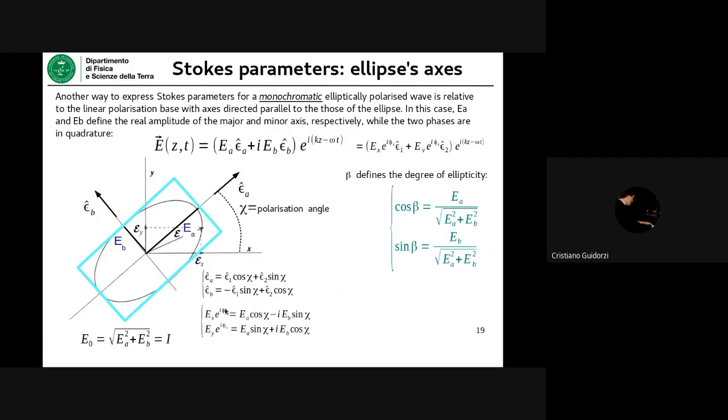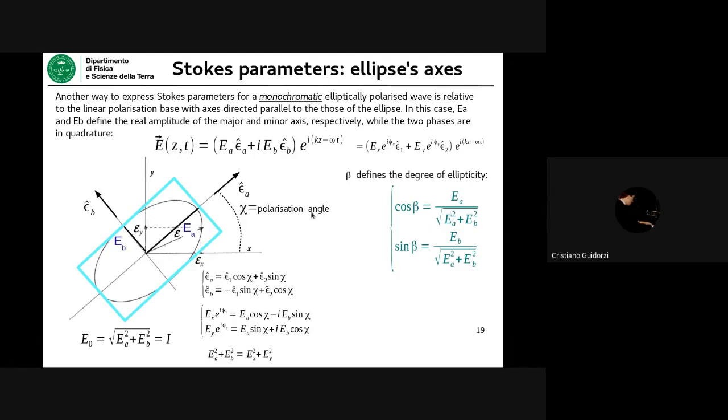If you remember the definition of I is Ex squared plus Ey squared, the modulus squared of this quantity, which is in general imaginary, plus the modulus of this one, you end up with EA squared plus EB squared. So indeed, I proved that the intensity can also be expressed as the sum of the squared magnitudes along the two components.